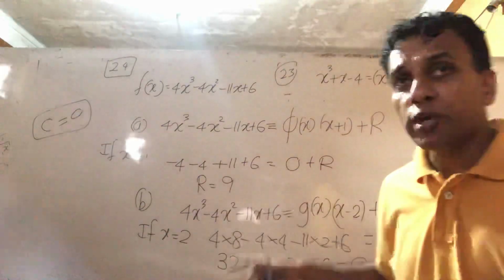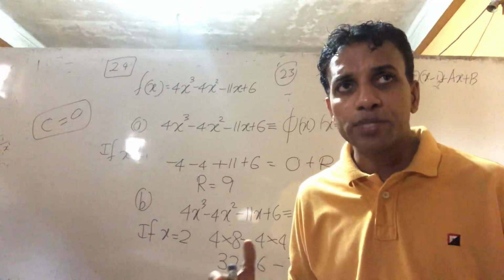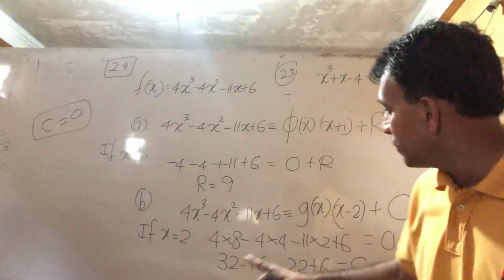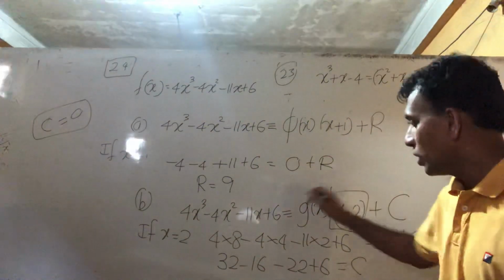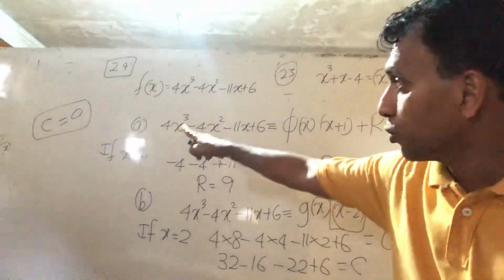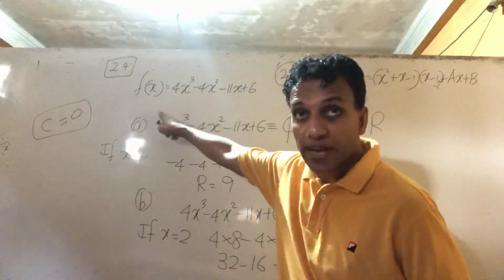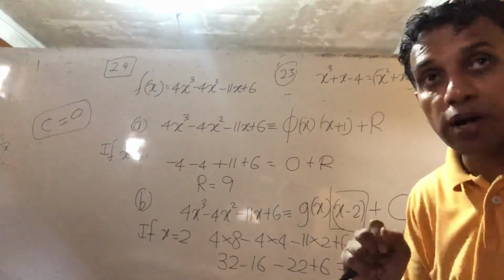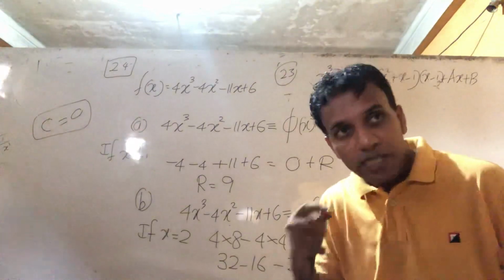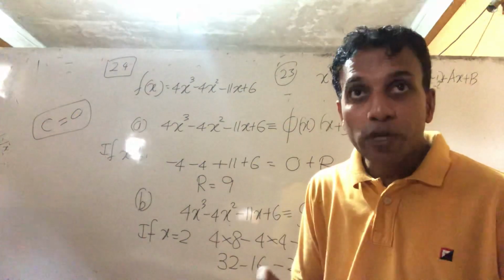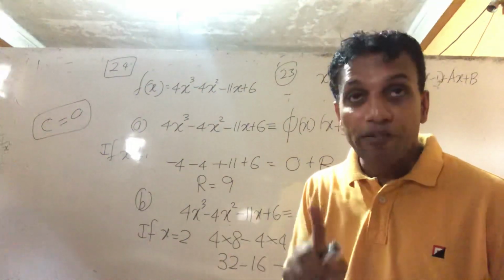What do we mean by no remainder? Remainder becomes 0 means exactly divisible by x minus 2. This given cubic polynomial f(x) is exactly divisible by x minus 2, or otherwise we call it: x minus 2 is a factor of f(x).